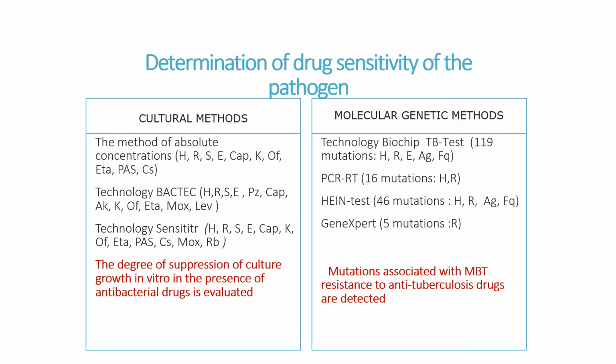The degree of suppression of cultural growth in vitro in the presence of antibacterial drugs is evaluated. Molecular genetic methods: technology biochip TB test, PCR-RT, Hain test, and GeneXpert. Mutations associated with MBT resistance to anti-tuberculosis drugs are detected.